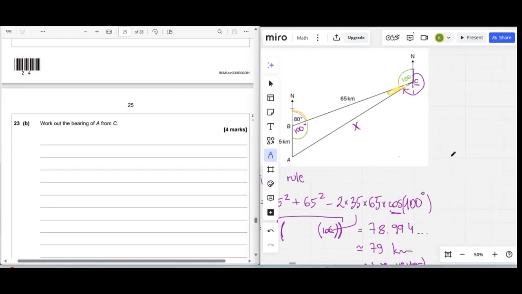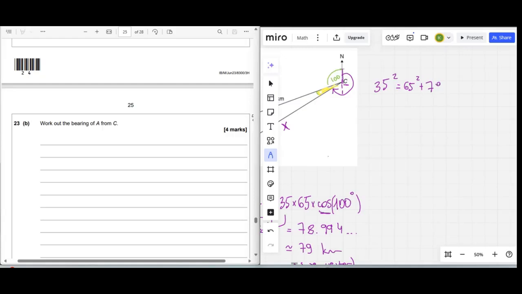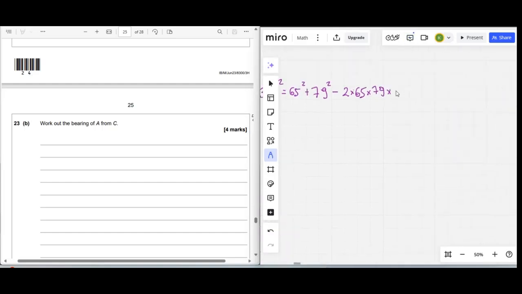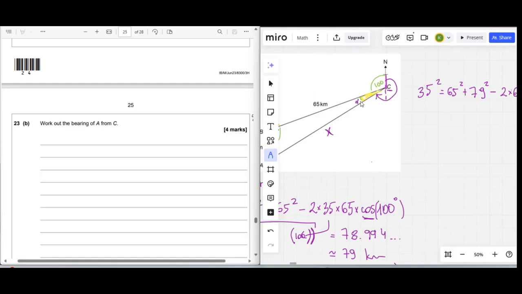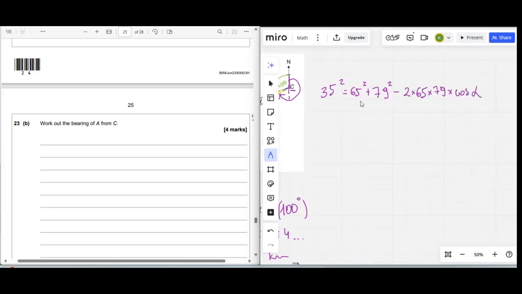In this case, the opposite, 35 squared is 65 squared plus that 79 that we just found squared minus 2 times the first one times the second one times cosine of our missing angle alpha. I don't think we can work that in other way. Okay, so let's try that.